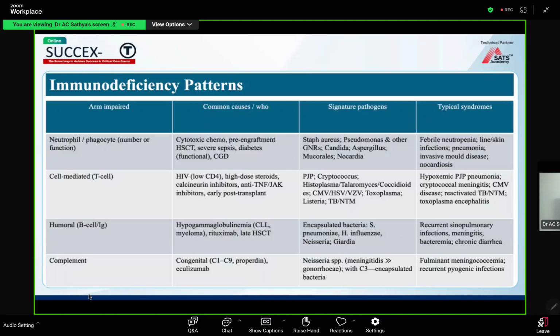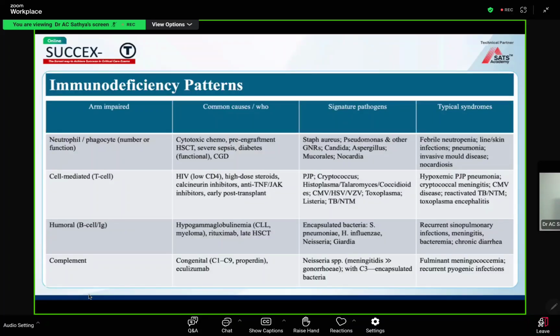When the cell-mediated immunity is at fault, which includes the T cell, the most common organisms are viruses, intracellular pathogens, and other organisms like PJP, Pneumocystis, Cryptococcus, and the dimorphic fungi. And the other most important is TB and non-tuberculous mycobacteria. So when it's cell-mediated immunity, always consider intracellular pathogens and these rare organisms.